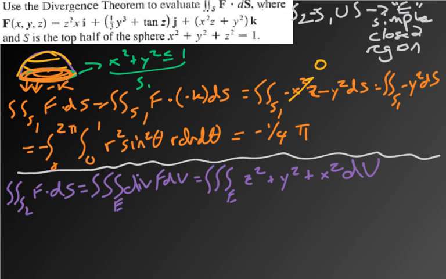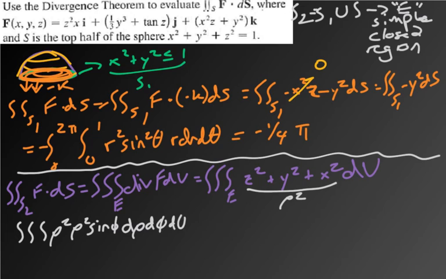Since E here is this upper half of the sphere, it makes sense to convert this problem to spherical coordinates. We know in spherical coordinates this would just be rho squared. If we switch to spherical, we need the Jacobian as well. So I put in my rho squared and my Jacobian, rho squared sine phi, and then d rho, d phi, d theta.